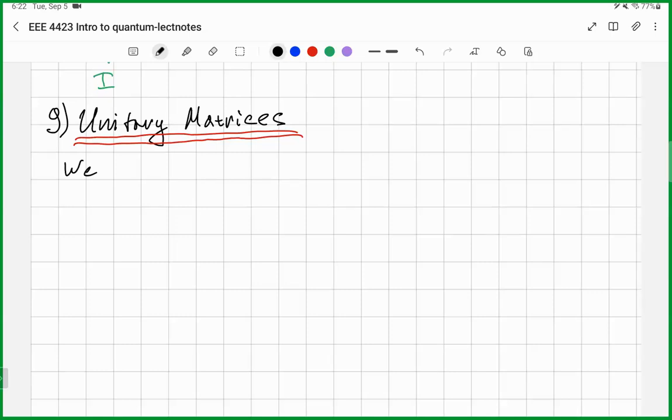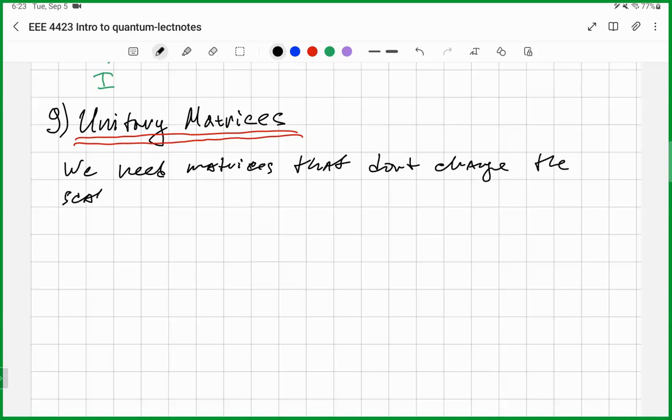So we need matrices that don't change the scalar product of two vectors.